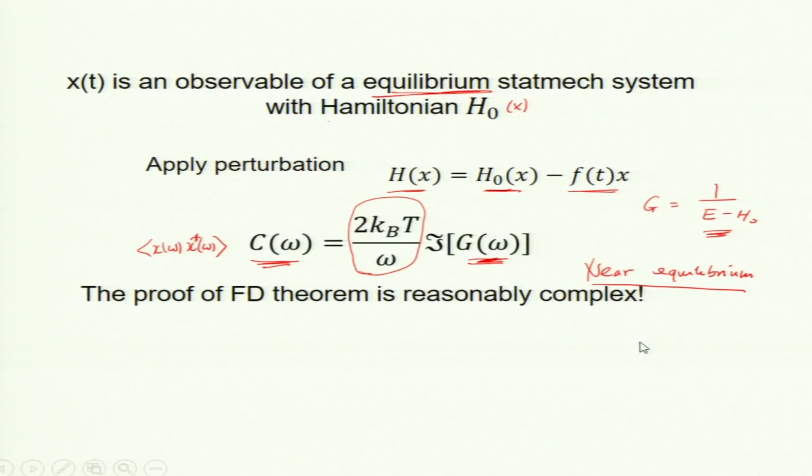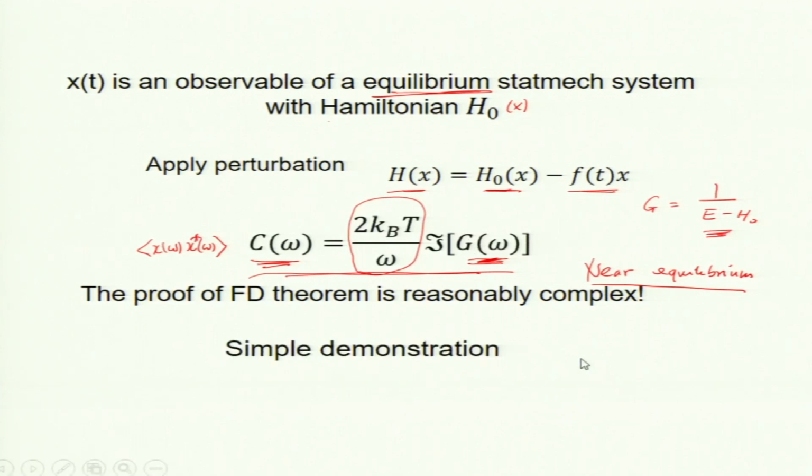So, we will do a demonstration. Okay. So, I will try to demonstrate that for a given Langevin equation the system satisfies this relation. I will basically do a demo.